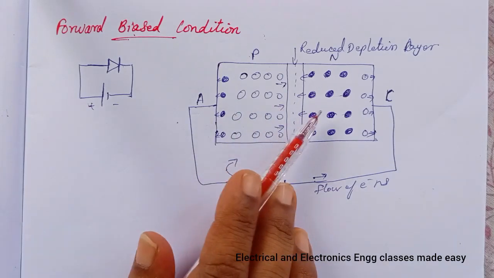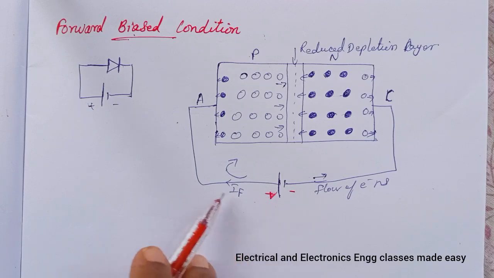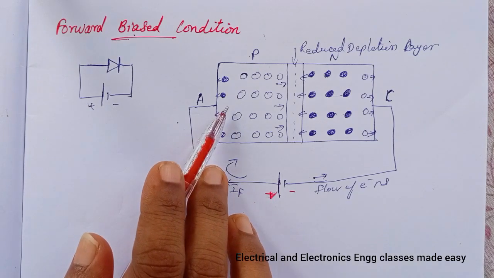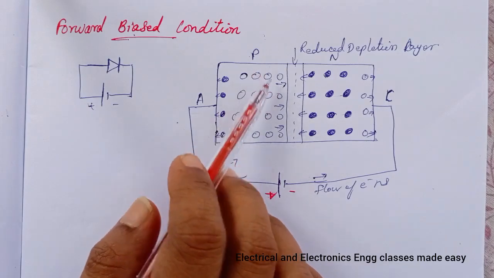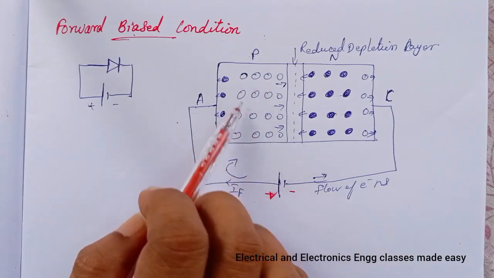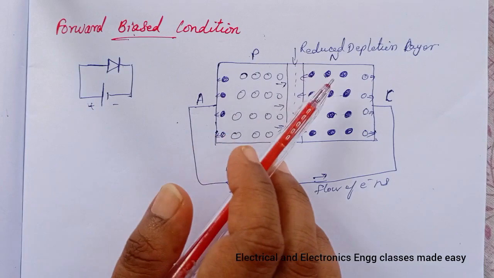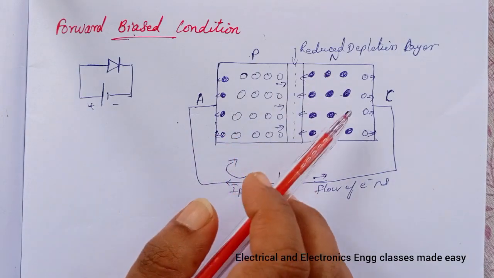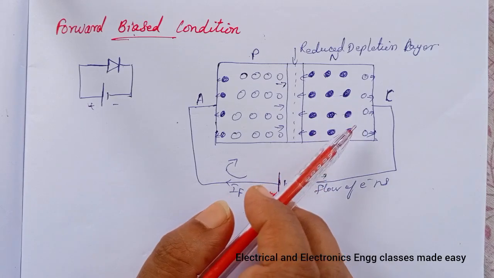So when a PN junction is forward biased, the positive terminal of the battery repels the holes in the P region, because in P region the majority carriers are holes and minority carriers electrons, and in N region majority carriers are electrons and minority carriers are holes.